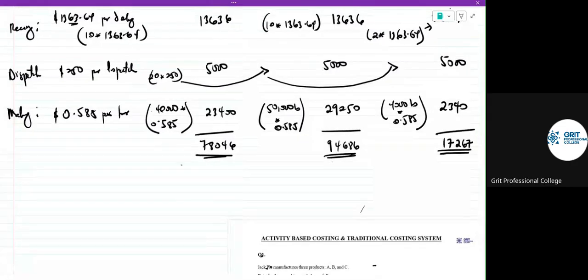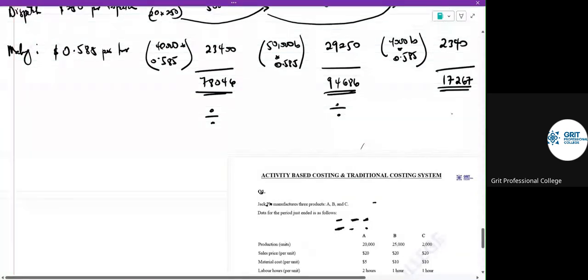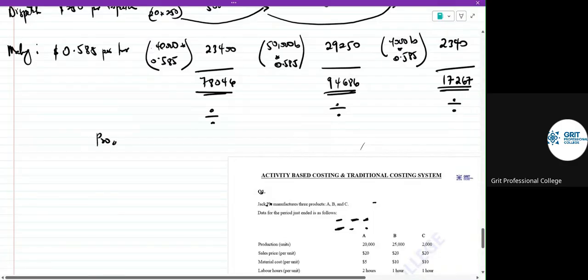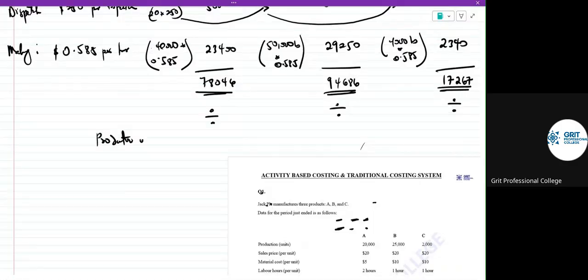And then we can just divide everything we have here, just once, by what? By the production units. So the production unit for A is what? 20,000. B is 25,000.